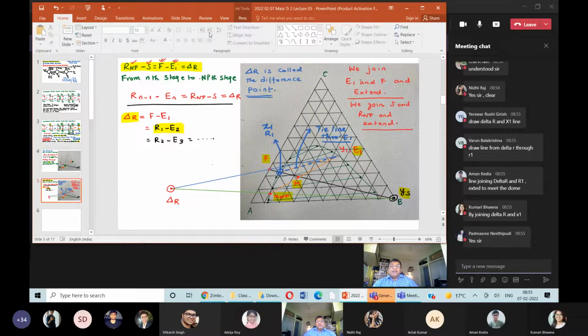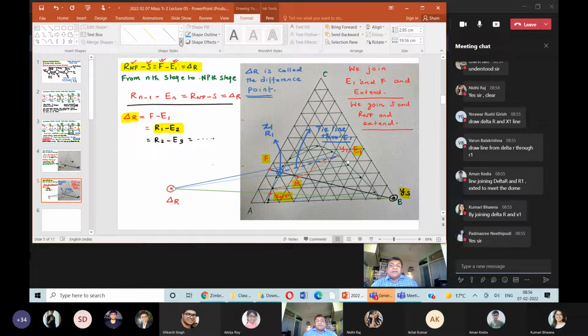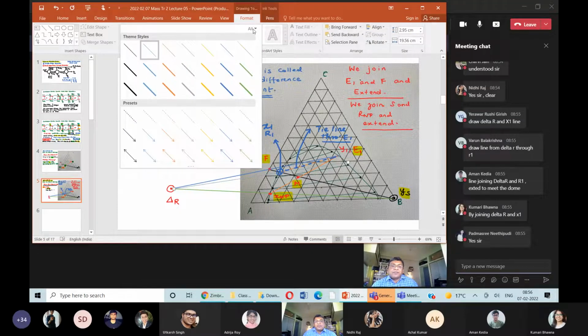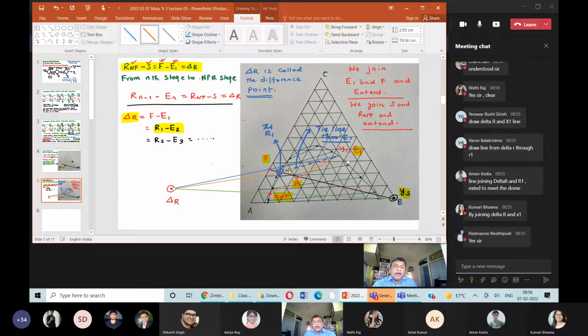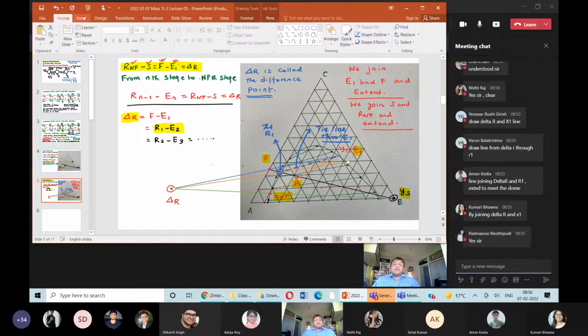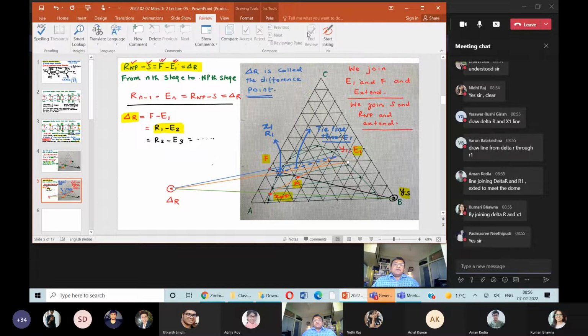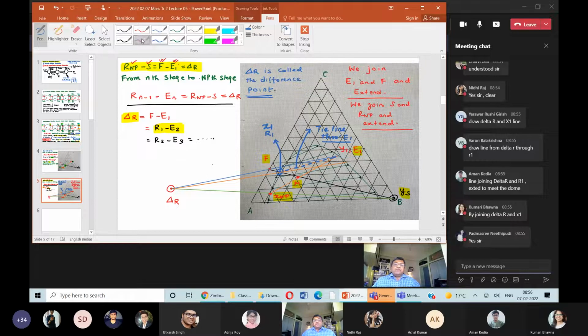So now if you draw a line from delta R to R1 and extend it all the way, wherever it intersects is going to be our E2.